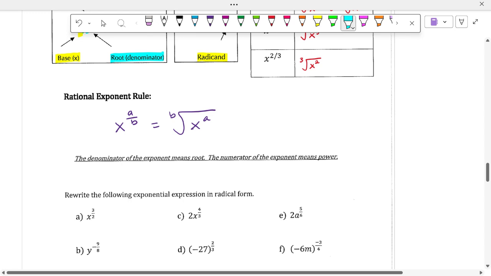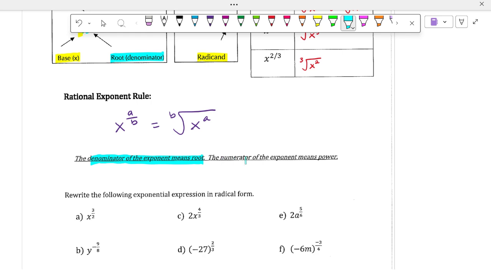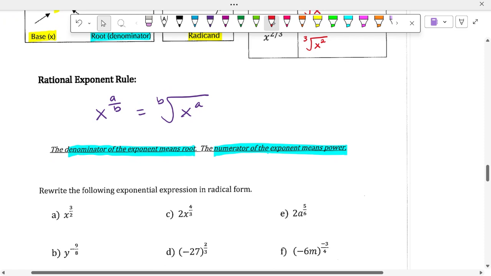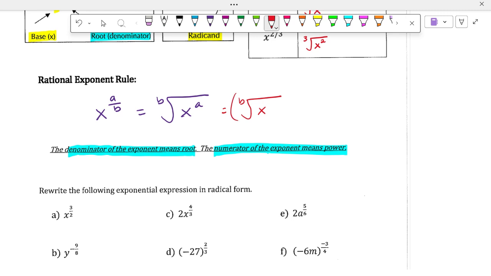And just remember, the denominator of the exponent means the root, whereas the numerator of the exponent means the power. And again, sometimes you may see it like this. It really doesn't matter, it's the same thing. But this is typically the way I want to see it.